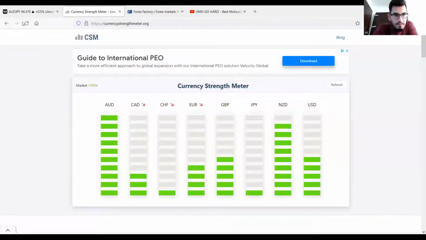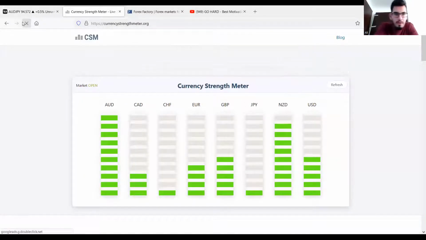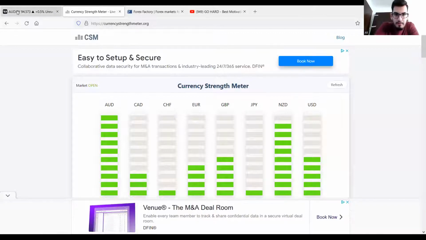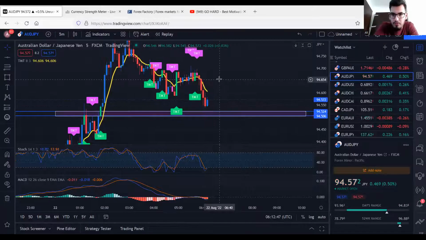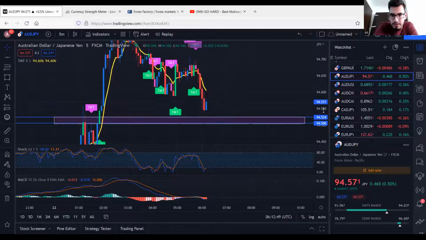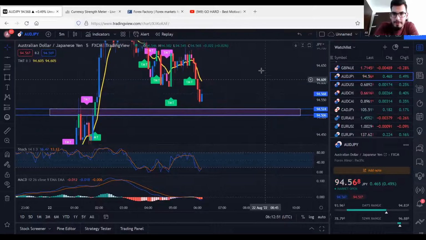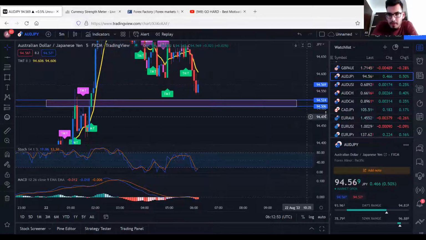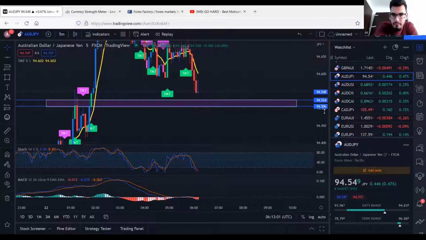Let's look at another currency pair. But before we do, I will shout out this area so you guys can note it down. The area is from 506 to 524. That is the area for AUD JPY.